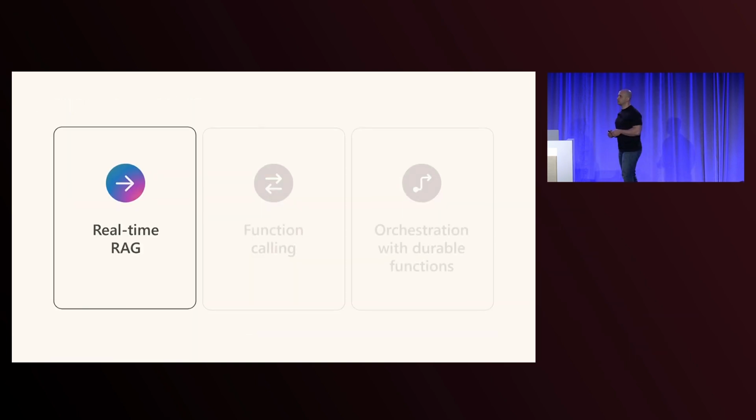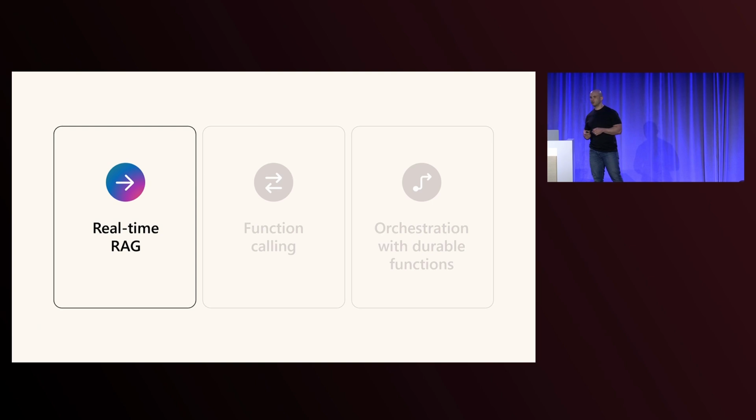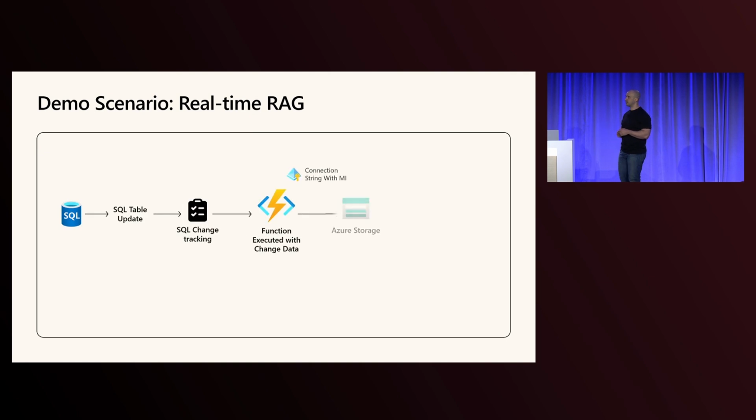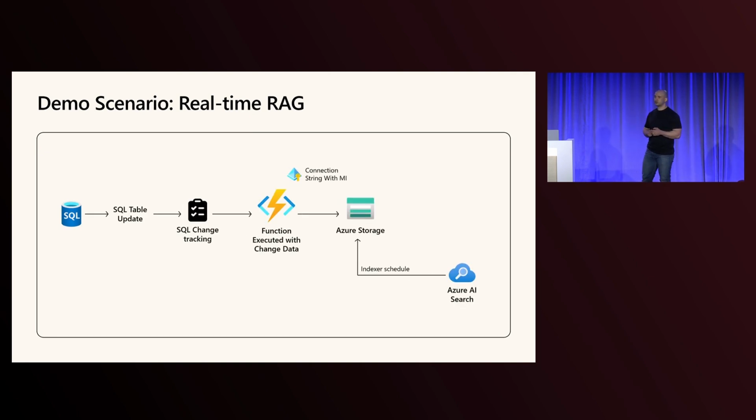Now, I want to zoom in on the scenario where they used real-time RAG and just blow up that right-hand side a little bit. This is just an example of one of the sources. In this case, you've got functions. For the function app, first of all, you would enable system-managed identity.